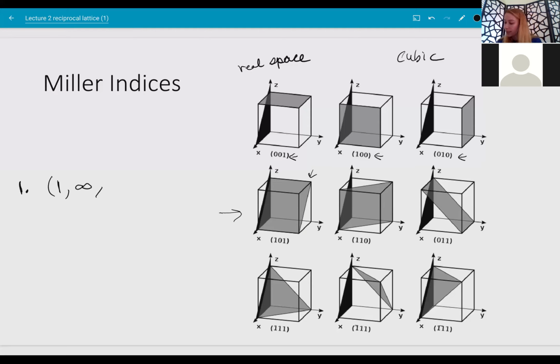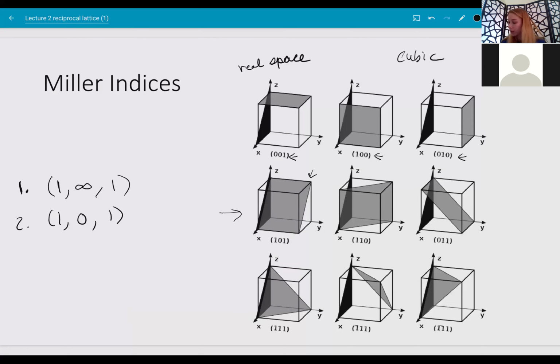And then finally on the z-axis, the intercept is at z equals 1 lattice unit, so that's 1. Then we take the reciprocal. The reciprocal of 1 is 1, the reciprocal of infinity is 0, and the reciprocal of 1 is 1. And there's our 1, 0, 1.